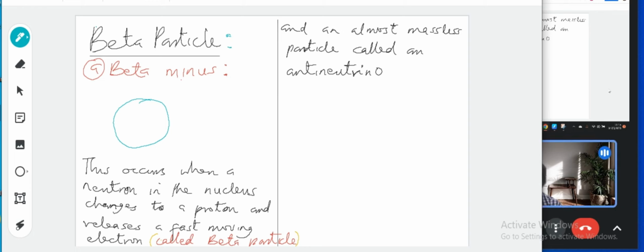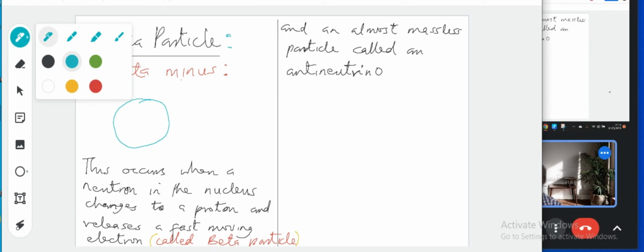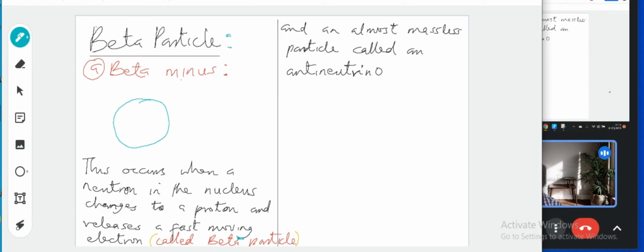an antineutrino. Okay, so this is how a beta minus decay occurs. A neutron in the nucleus changes to a proton, and in the process it releases a fast-moving electron, which is called a beta particle. Of course, beta minus particle, so I have to specify beta minus particle. That's why I'm writing the minus on top of it.